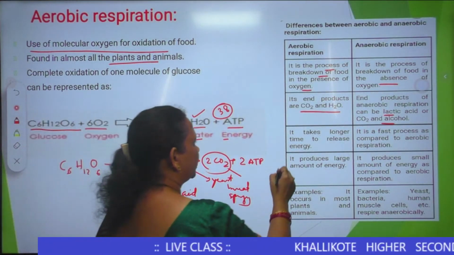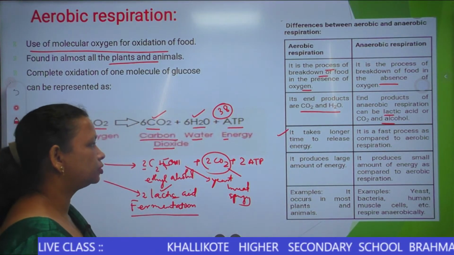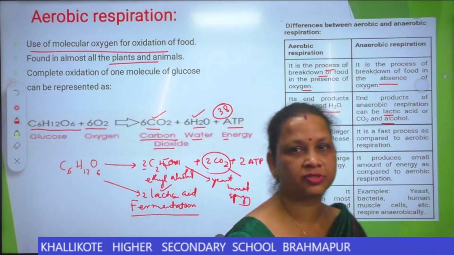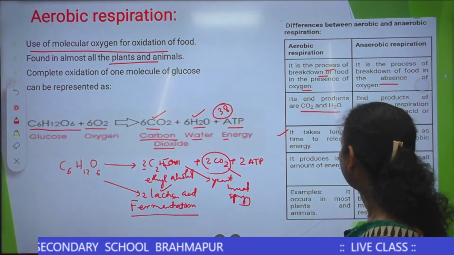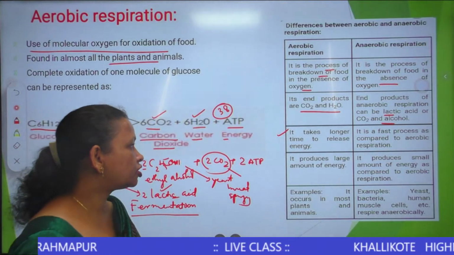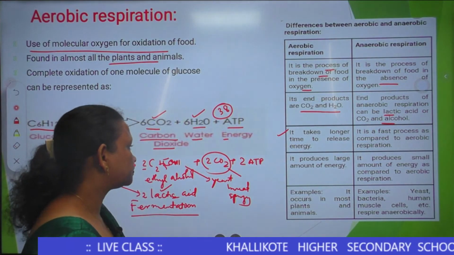The aerobic process will take a longer time to release energy because it consists of more number of steps to carry out the process, whereas the anaerobic respiration path is shorter and it will be completed much faster.